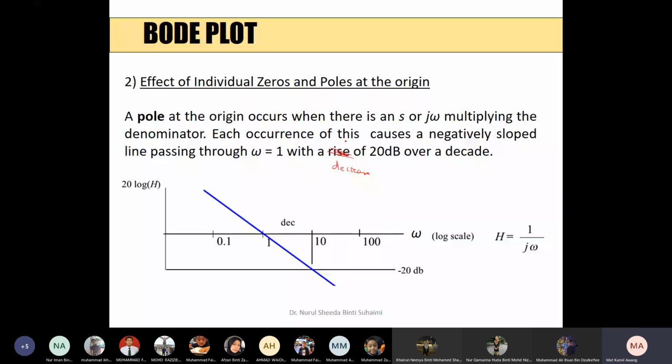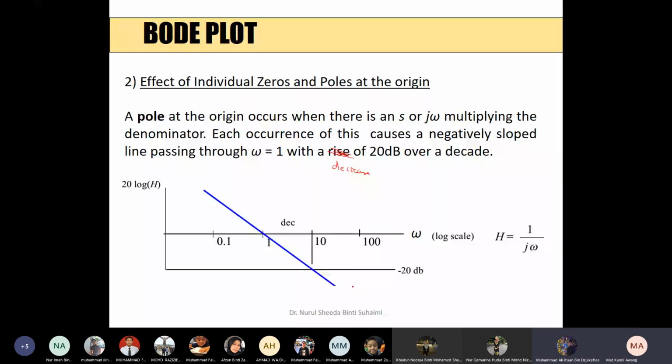Each occurrence of this causes a negatively sloped line passing through omega equal to 1. It will decrease 20 dB per decade. So it's decreasing per decade.